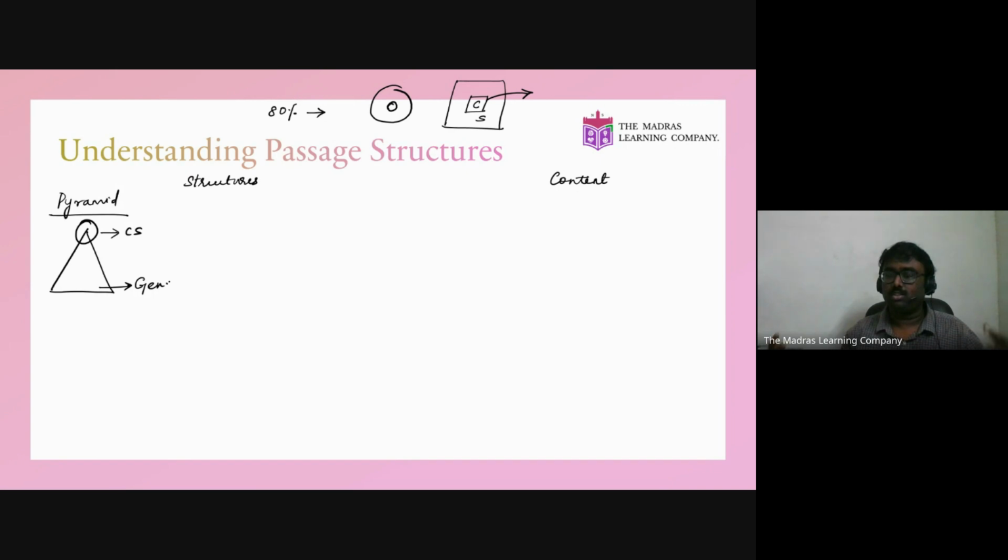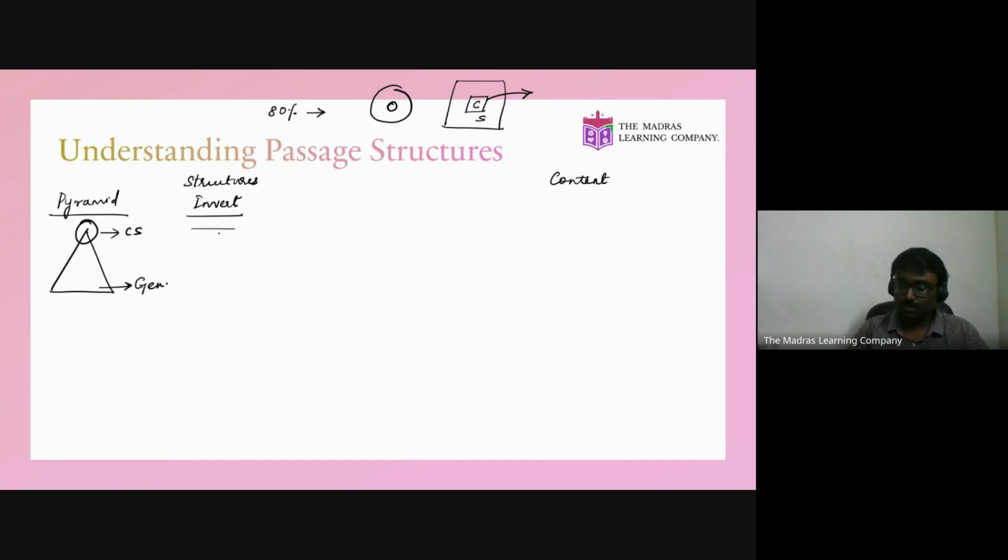There's a lot of detail that's going to be added. So the author tells you what the central idea is right in the beginning itself. He's not going to drag it further. As you go throughout the passage, it's just going to be adding on information. That's the first type.